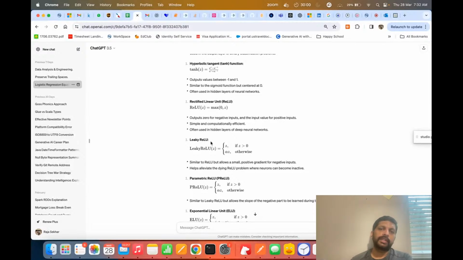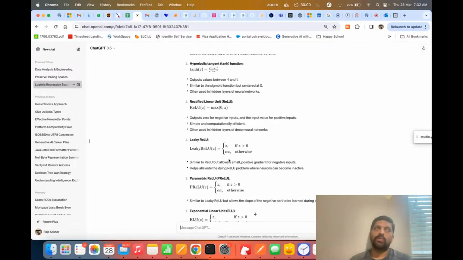Leaky ReLU is where it doesn't really become zero, but will pick up a small alpha. So it says z greater than 0 is z. Now we are talking about negative values, that is z less than 0.